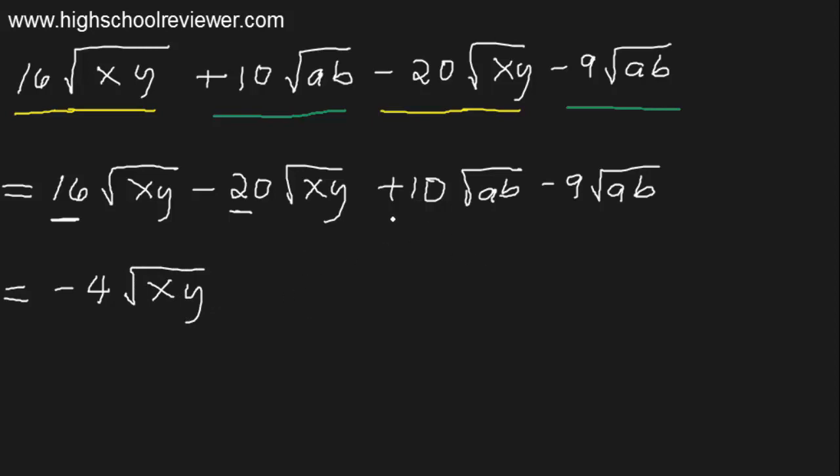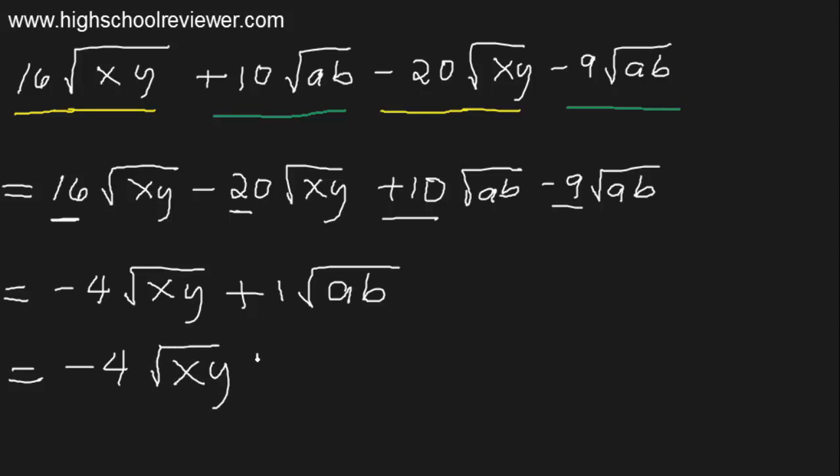And then positive 10 minus 9, we will have plus 1, and copy the radical, which is square root of ab, or we can rewrite this as negative 4 square root of xy plus 1 multiplied by square root of ab. This will give us square root of ab. So negative 4 square root of xy plus square root of ab is our final answer.